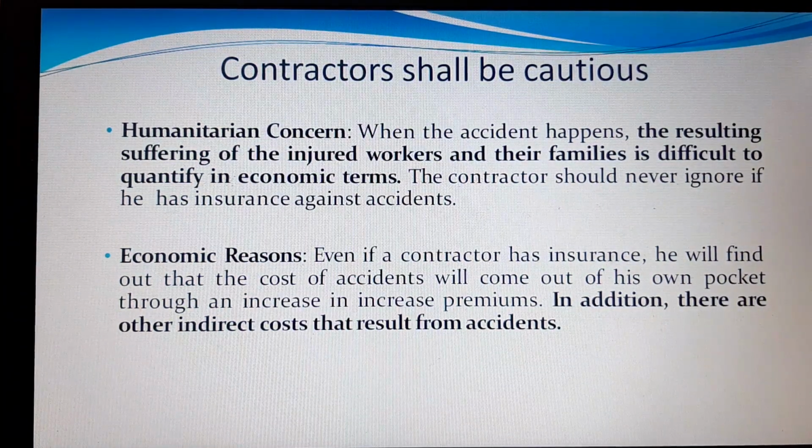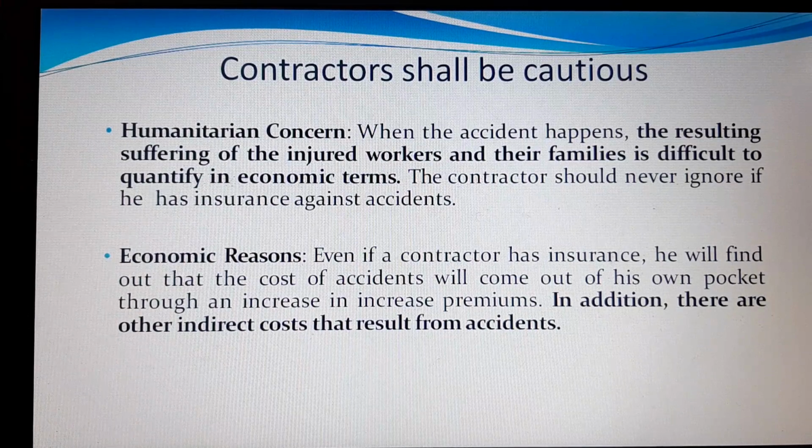Why should a contractor be so cautious? It is mainly because of humanitarian concern. When an accident happens, it results in the greatest suffering of the injured workers and their families, and it cannot be quantified in economic terms.